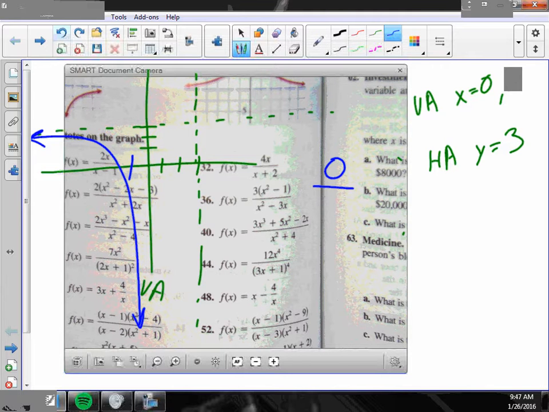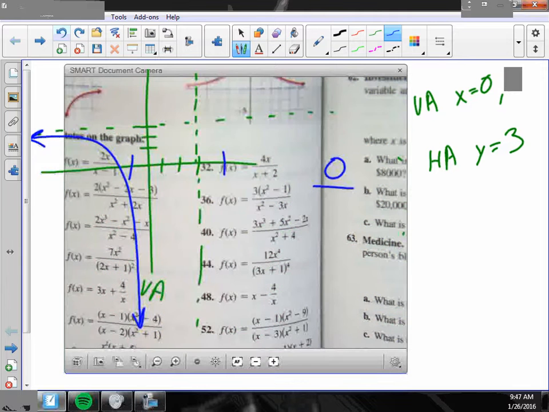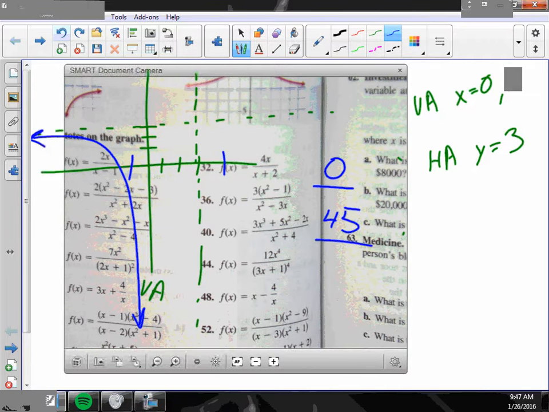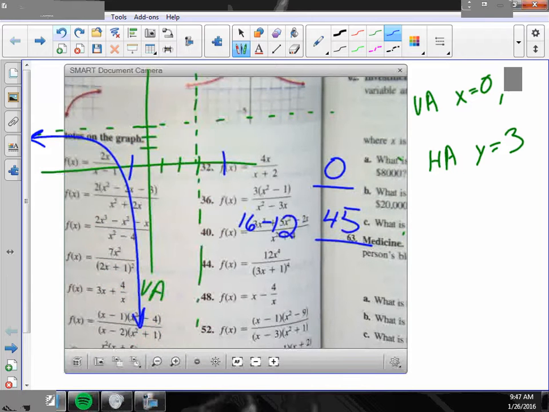So it looks like this. Okay. Now, let's do the right side, and then we'll deal with the middle. So on the right side, I'm going to plug in 4. So 4 squared is 16. 16 minus 1 is 15, and 3 times 15 is 45 over 16 minus 12, which is 4.